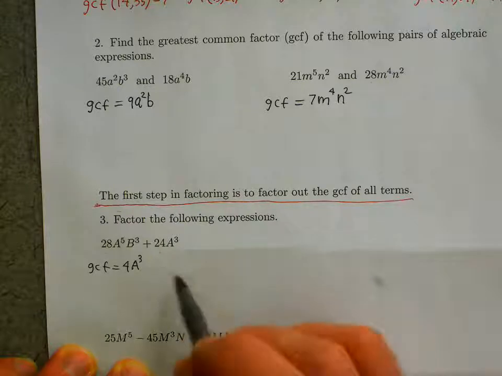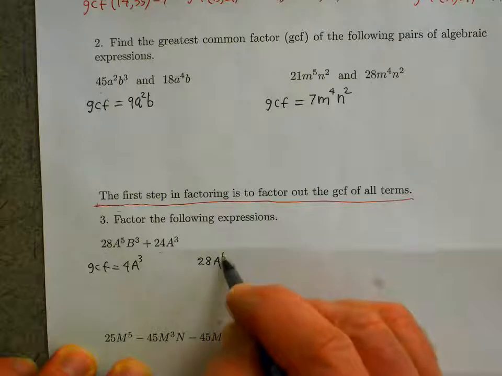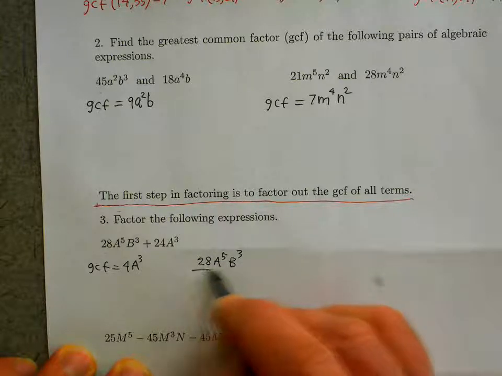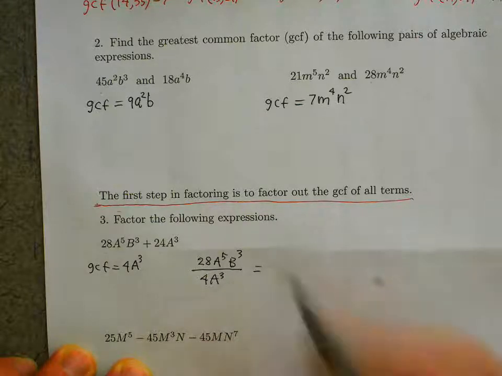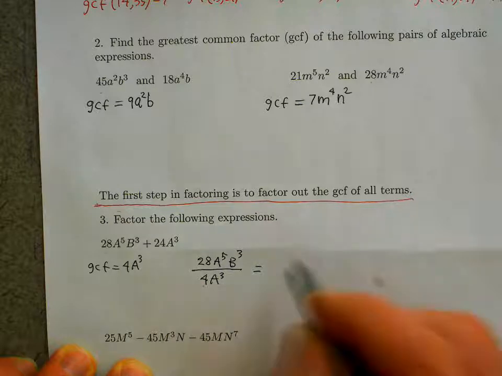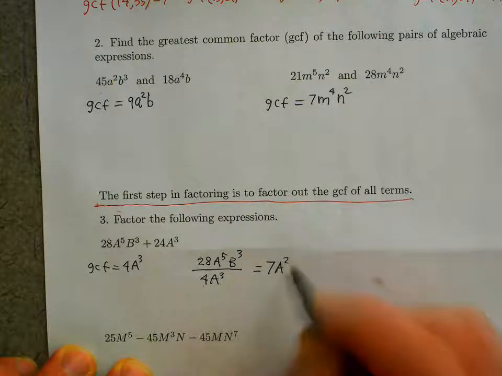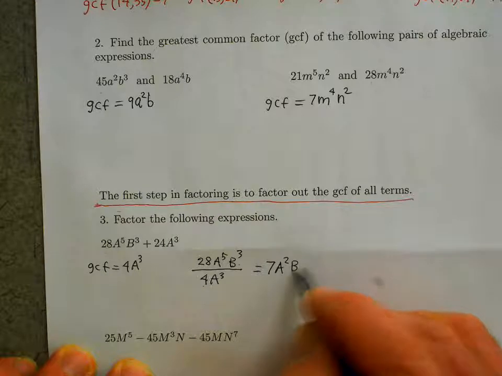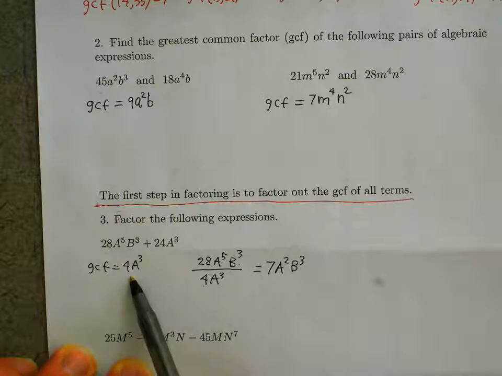Let's divide 28a^5b^3 by 4a^3. 28 divided by 4 is 7. a^5 divided by a^3 is a^2. And then b^3 divided by 1 is b^3. Okay, so this is what we get when we divide 28a^5b^3 by the greatest common factor.